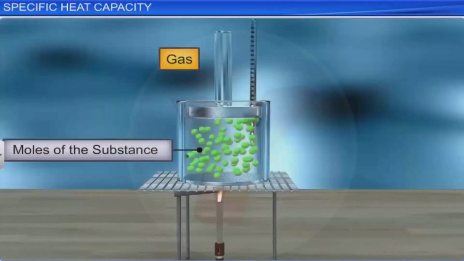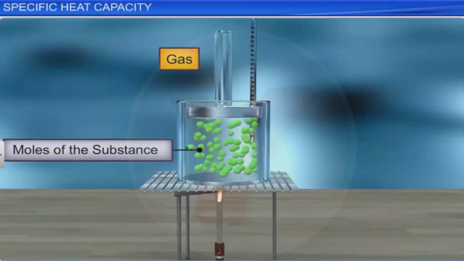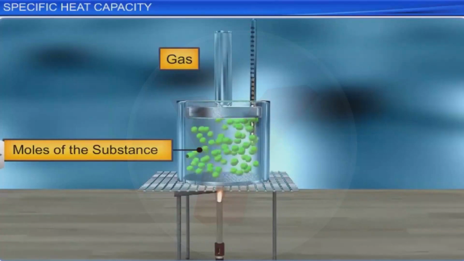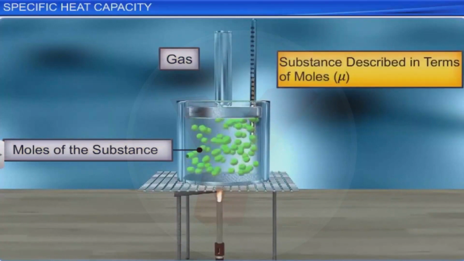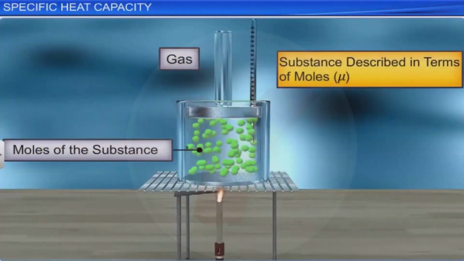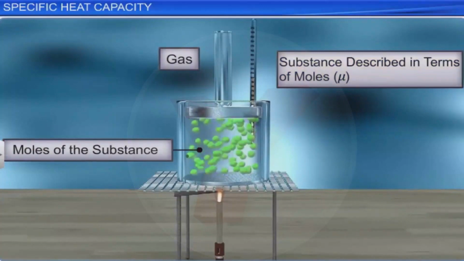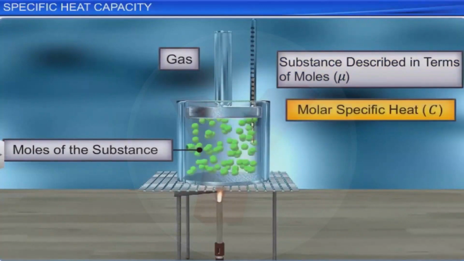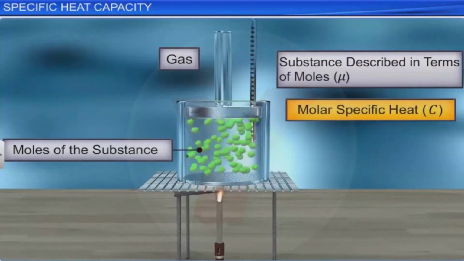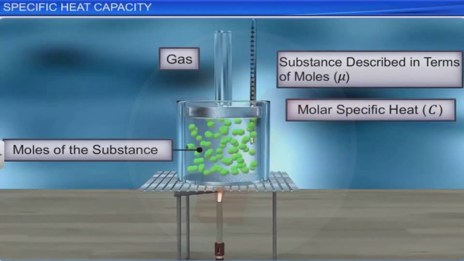Sometimes, it is more convenient to describe the quantity of a substance in terms of moles, mu, rather than mass, m. When a given substance is expressed in moles, its specific heat capacity is known as molar specific heat capacity and is represented by C. The molar specific heat capacity of a substance is defined as heat capacity per mole of the substance.